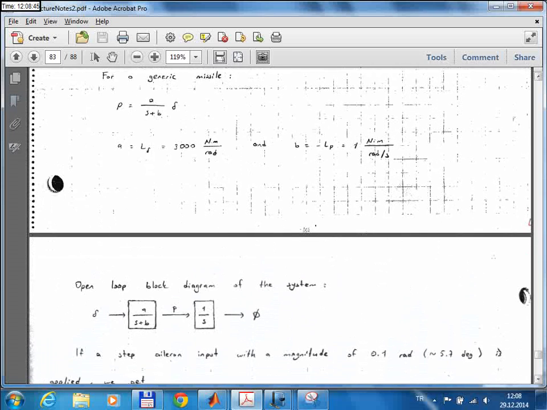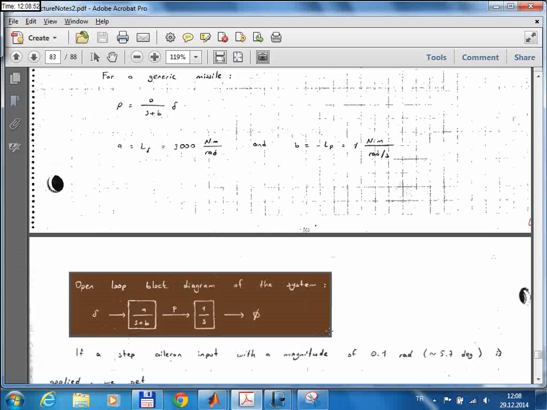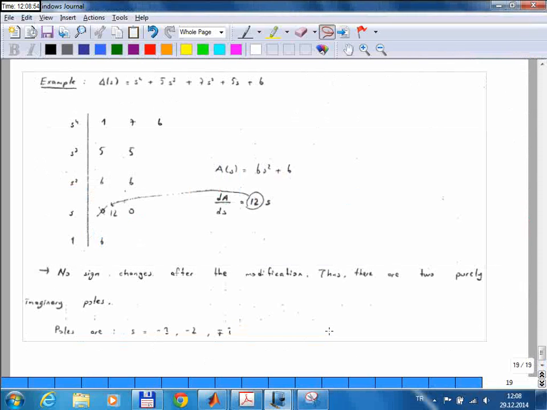Okay, so this is where I'm going to start the problem. So suppose that I have a missile. In fact, this is the missile roll dynamics, and the system is given in that form.